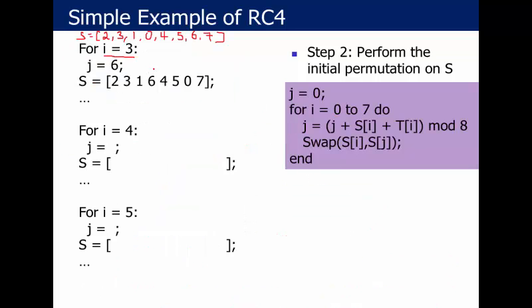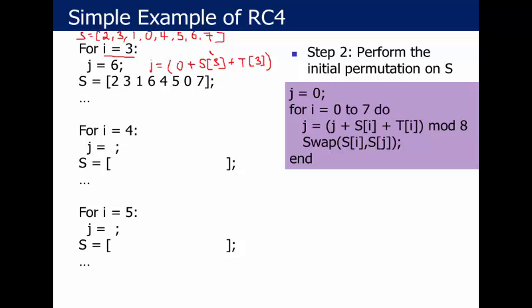So the new J will be calculated by the current J, which is 0, and then S of I, which is now S of 3.